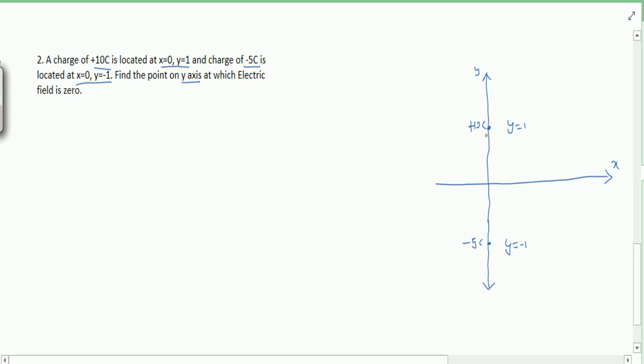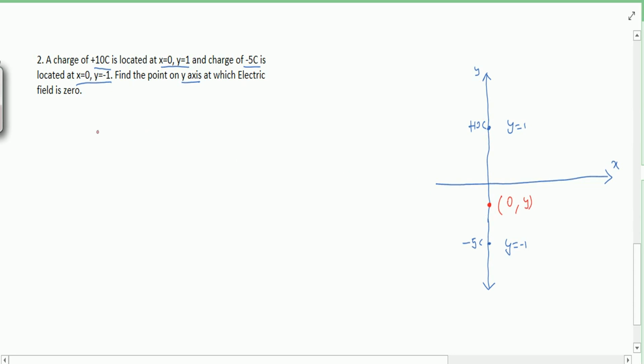I am assuming the point lies anywhere, suppose the point lying here. So this has coordinates (0, y), obviously, because it is on the y-axis. What will be the electric field due to the first charge at this point?